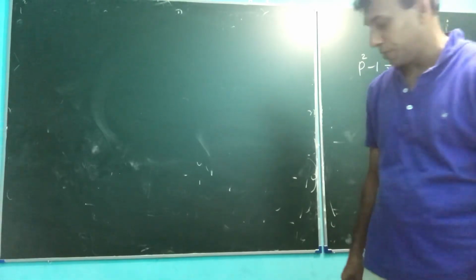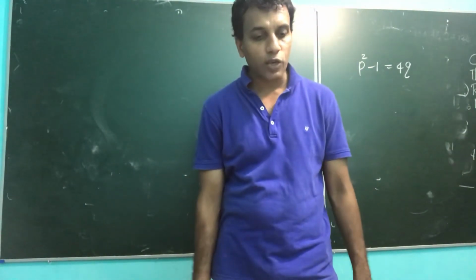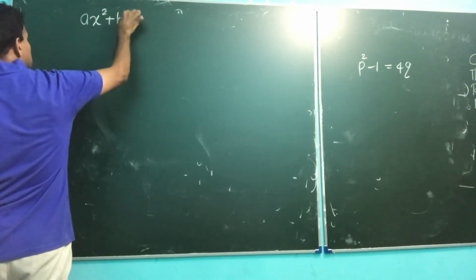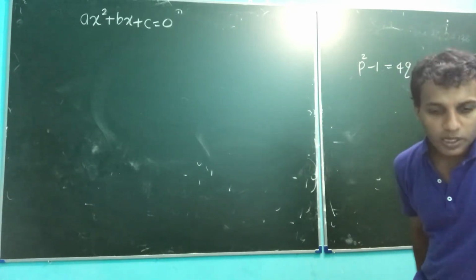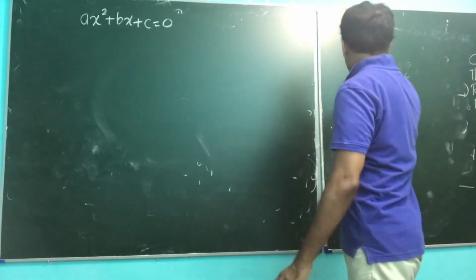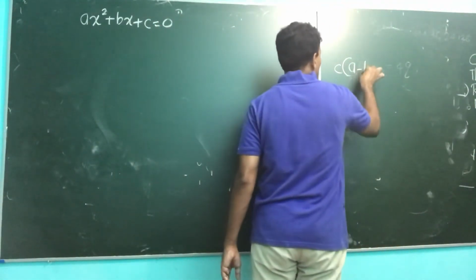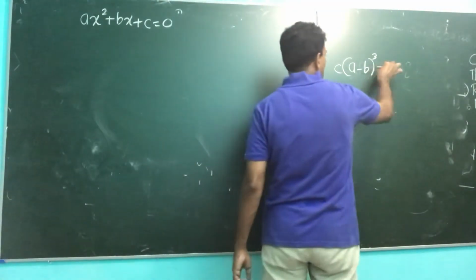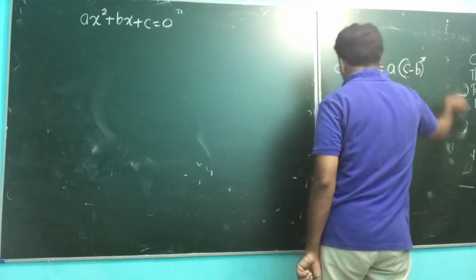If one root of the equation x square plus bx plus c equals 0 is the square of the other, show that c into a minus bq equal a into c minus bq.